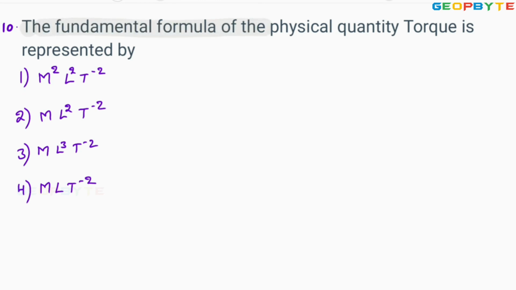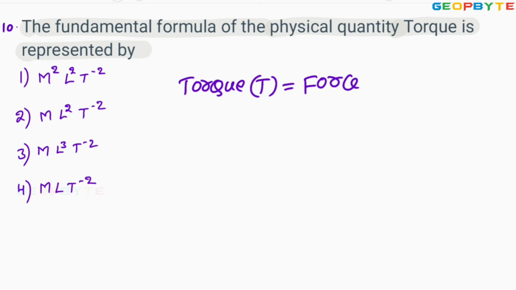The dimensional formula of the physical quantity torque is represented by, dear friends, torque means torque τ equals force multiplied by perpendicular distance. Indirectly, force multiplied by distance.